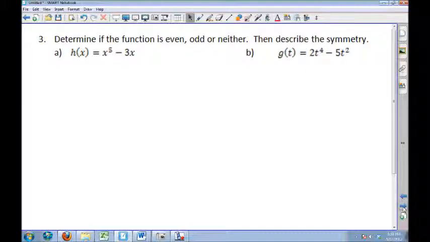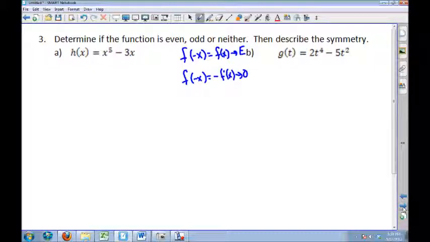Next. Even and odd functions. Well, odd functions are symmetric through the origin. Even functions are symmetric through the y-axis. There are tests for even and odd functions, which are if f of -x equals f of x, this is an even function. And if f of -x equals -f of x, this is an odd function.